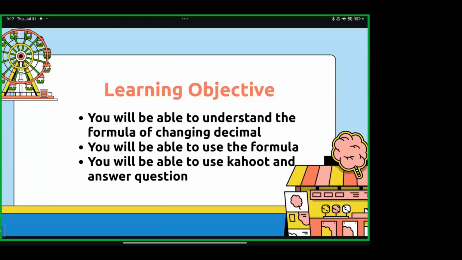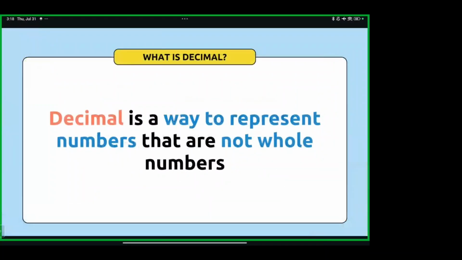Now, who already knows what a decimal number is? Anyone? Okay, I think you guys still don't know, so let's find out together. I want Titik to read this.